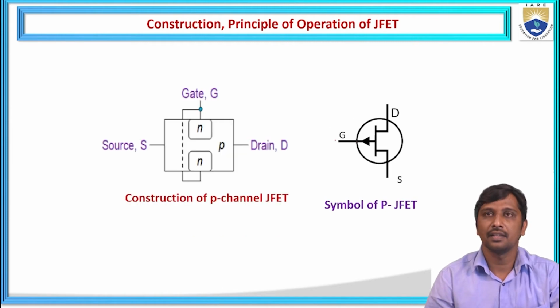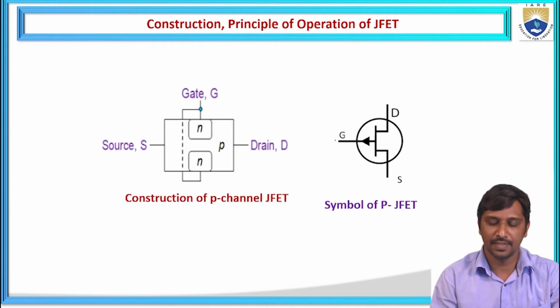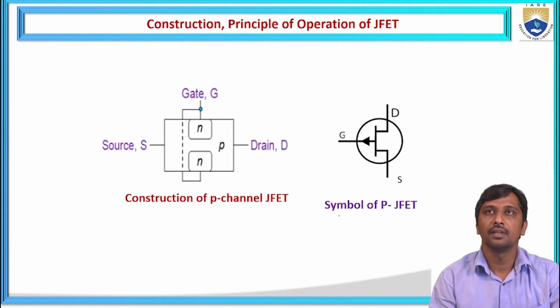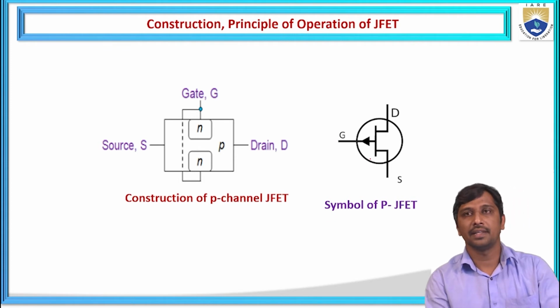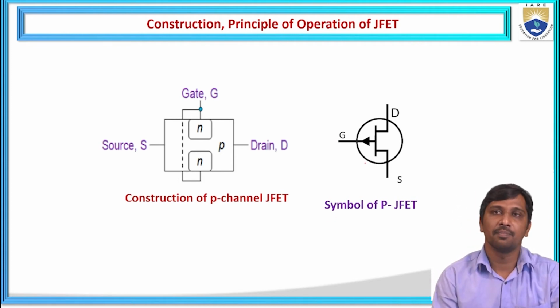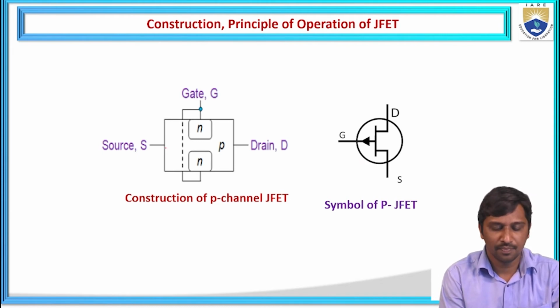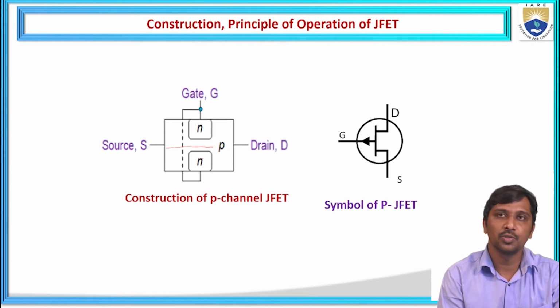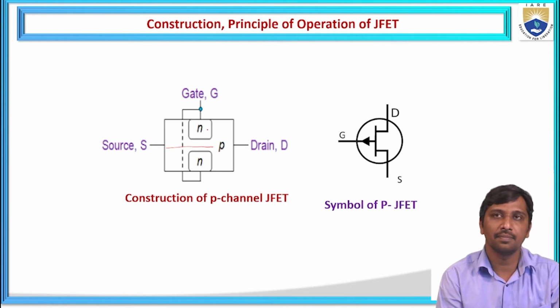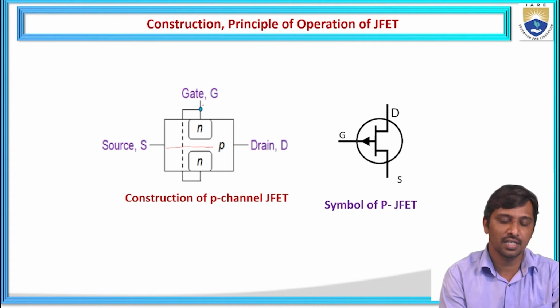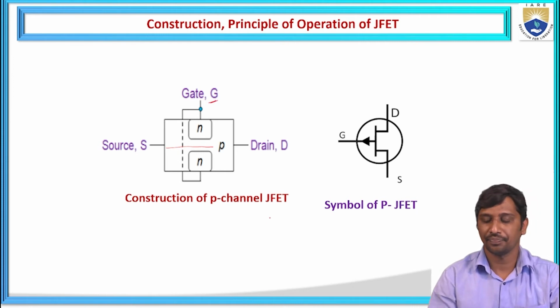Similarly, the P-type symbolic representation shows a P-channel JFET. The channel is represented by the P-type bar, and the opposite two ends are doped with N-type material, internally shorted and connected to the gate.